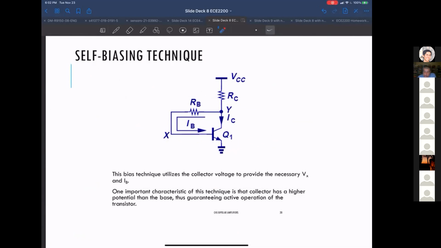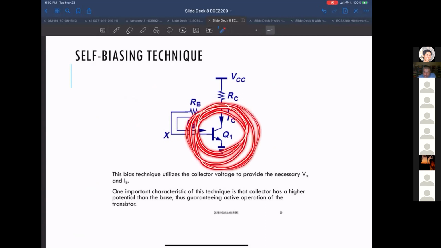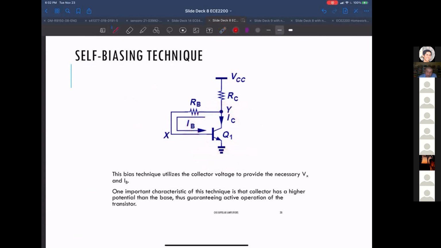The nice thing is it guarantees that this guy always stays in forward active mode.